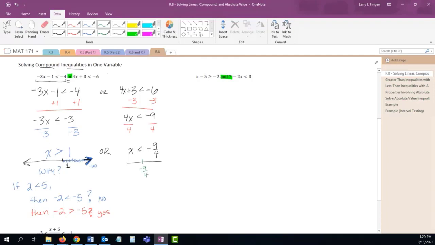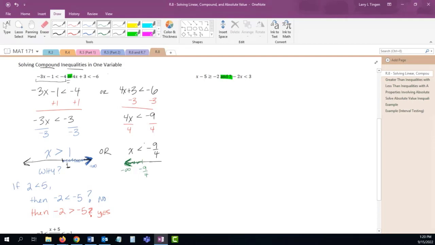I have found that this part of the compound inequality is true when x is less than negative 9/4. Negative 9/4 is negative 2 3/4, so everything less than that. So I'm going to the left, shading in all of this, and that's going to continue forever. When I go to the left forever, that's represented by negative infinity. Okay?